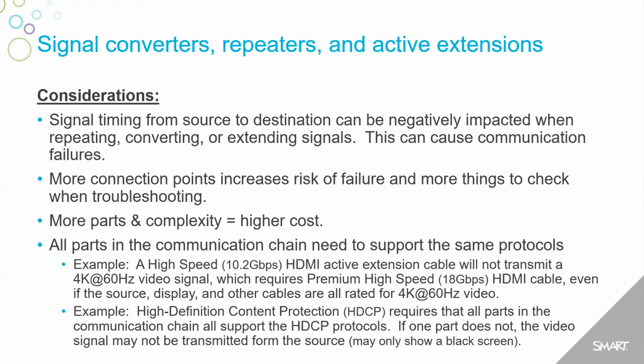But if you use an active extension cable that doesn't support HDCP, or a video splitter, which typically does not support HDCP, then if the source is trying to transmit protected content, that protected content will not reach the display. When that happens, you usually get just a black screen.